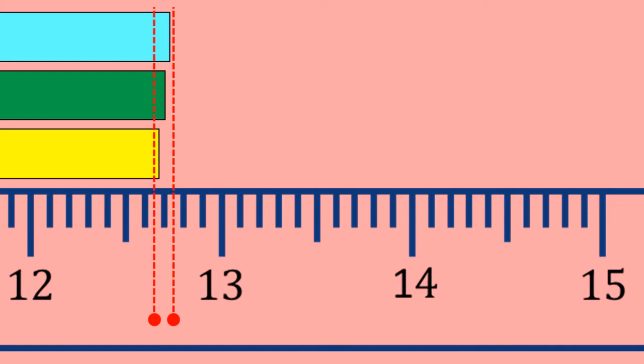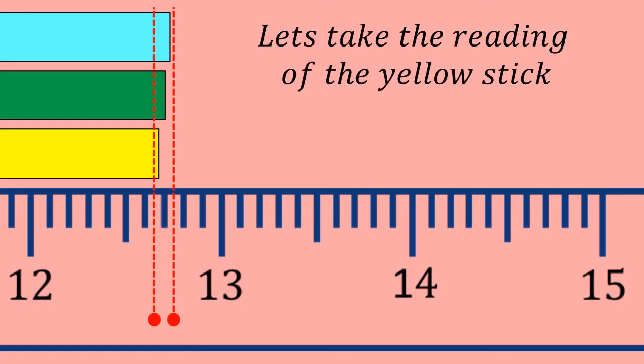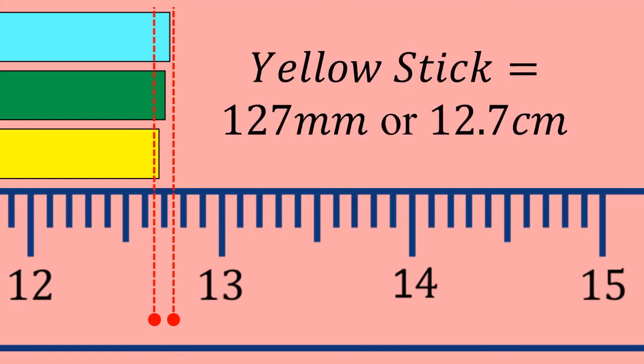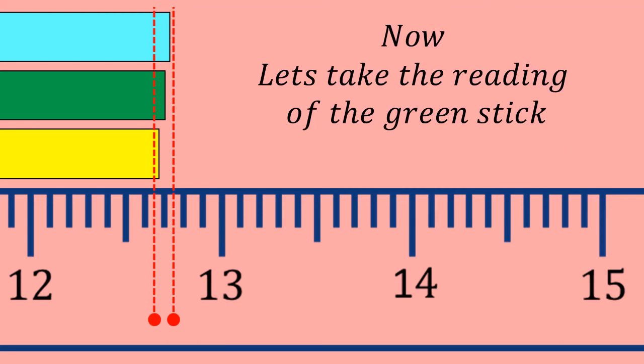In centimeters, it is 12, 12.1, 12.2, 12.3, 12.4, 12.5, 12.6, 12.7. Let's take the reading of the yellow stick. Since the yellow stick has crossed the midpoint between 126 and 127 millimeter, therefore the reading is 127 millimeter or 12.7 centimeters.